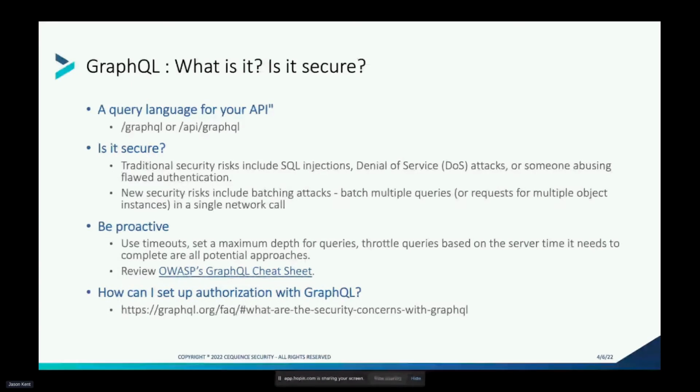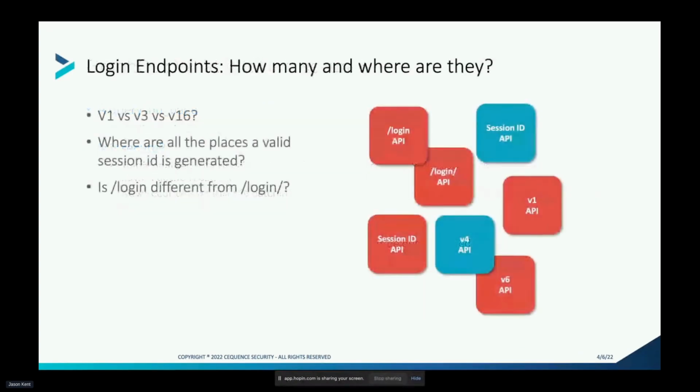But also, this allows for you to very quickly and very simply shift a lot of data. And so I can make a single request that dumps everything. And that could be a really bad deal. So going out and looking, are these endpoints out there, is something that everybody should probably be doing, and is definitely one of those things that I recommend for everybody as we move toward the future.